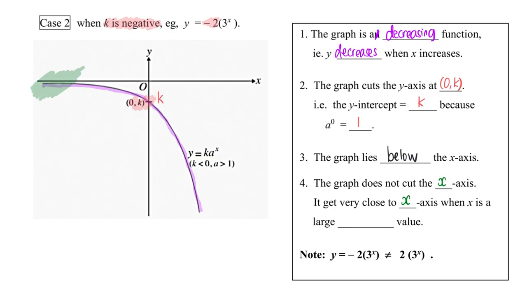Okay, at this point here, there's a typo, so I'm going to cover this up. So when x gets very small, okay? So that's the observation there.